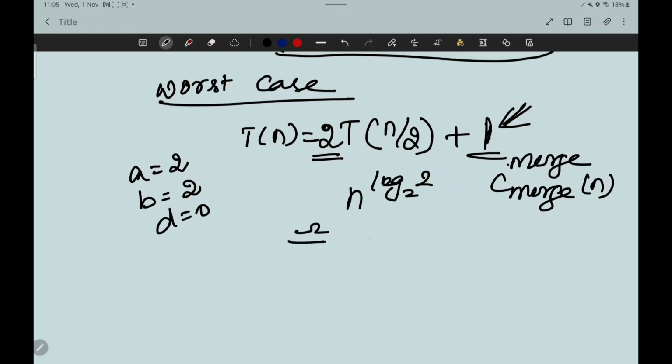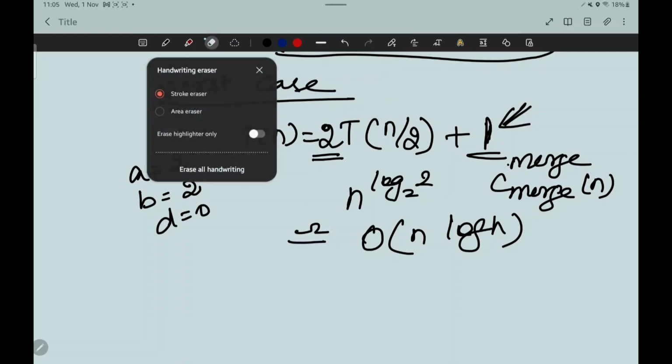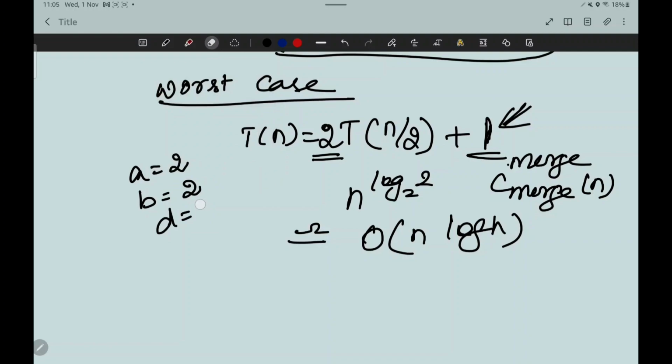When we apply this in the 3 case scenarios, either less than, greater than or equal to, we will get the time complexity of n log n. So this is the time complexity for all the cases, either in ascending order, descending order or sorted order. We will get the time complexity as big O of n log n.